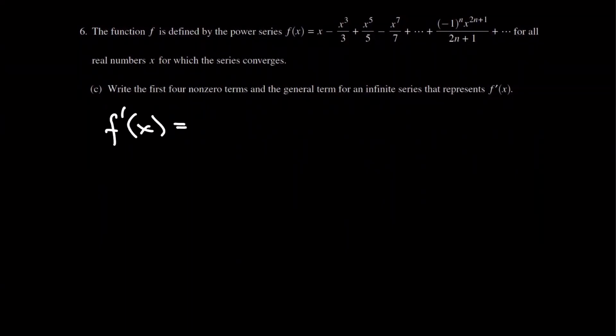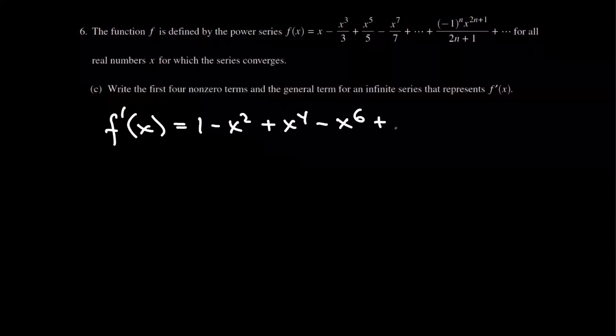So this is equal to the derivative of x is 1, minus x cubed over 3 is x squared, plus x to the 4th, minus x to the 6th, plus and so on, plus differentiating the general term gives us negative 1 to the power n times x to the power 2n.